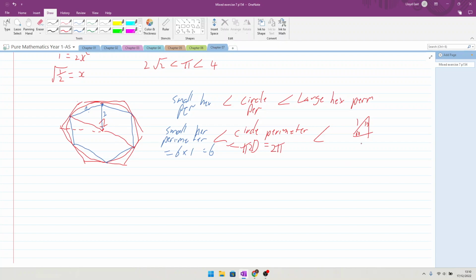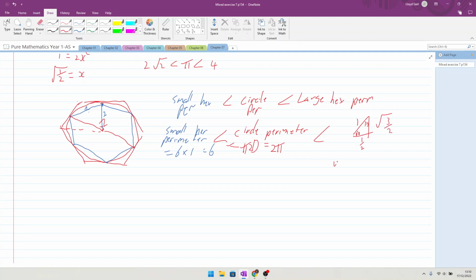Okay, with that in mind, we've got a side here of a half, and so square root of 1 squared minus a half squared is root 3 over 2.